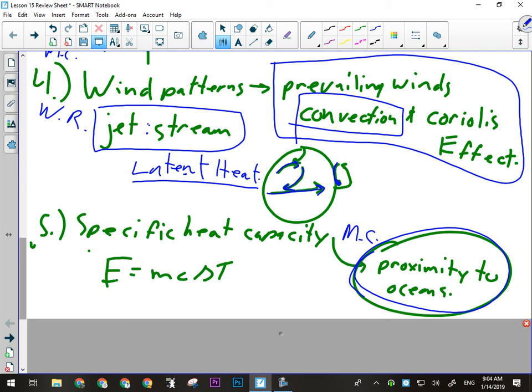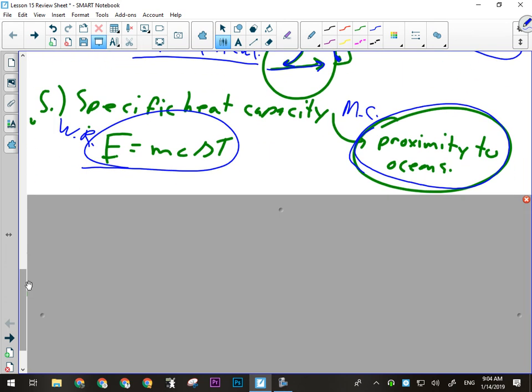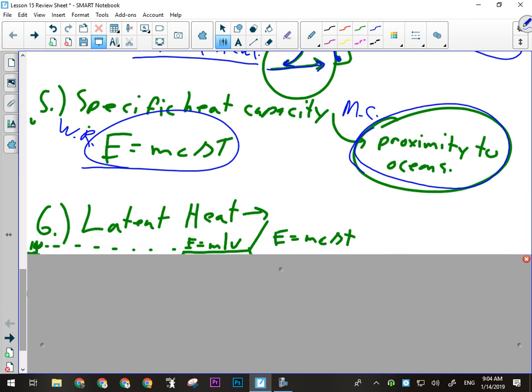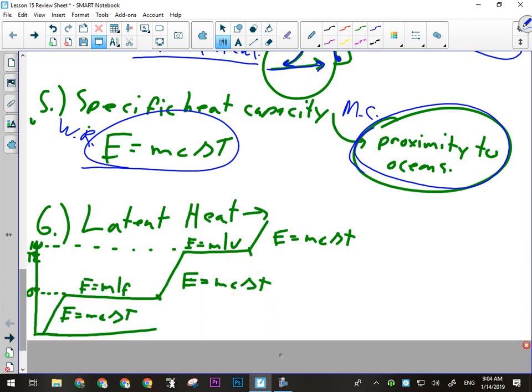And then there'll be a written response question asking you to do an E equals MC delta T calculation. Not difficult, that should be a pretty easy set of marks there. And then there will be a latent heat problem. We did a bunch of those. It wasn't something you guys had any trouble with. Just know that there'll be a heating curve of water question.